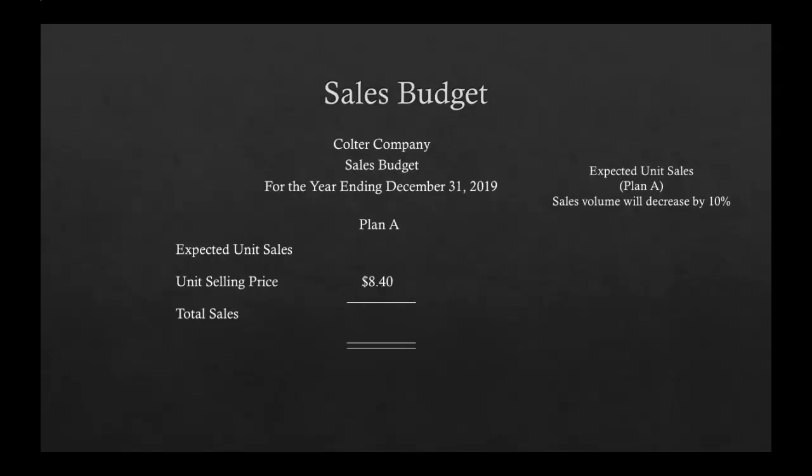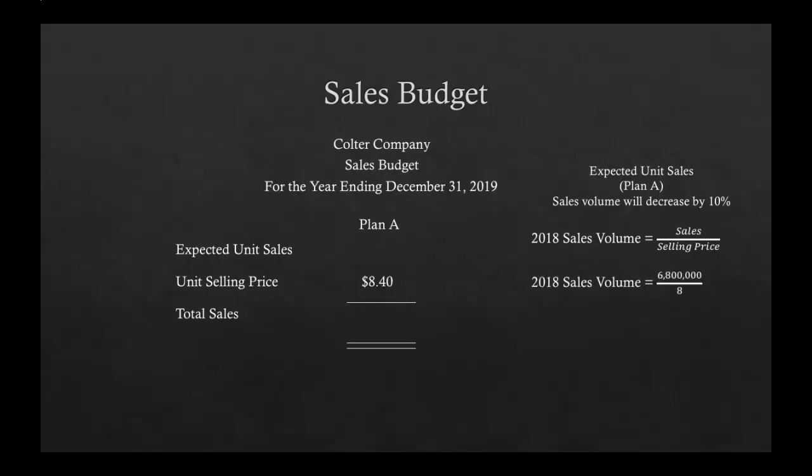Well, they told us that sales volume would decrease by 10%. But they didn't specifically tell us what our sales volume was for the previous year. We have to go through and calculate that. So our 2018 sales volume will be our 2018 sales amount divided by the 2018 selling price.